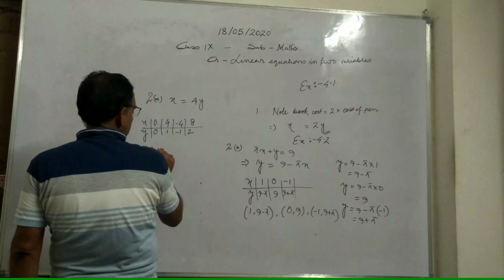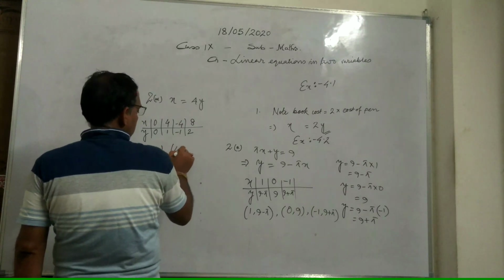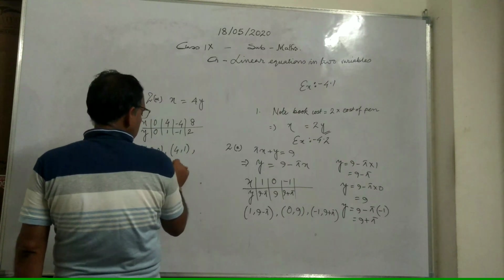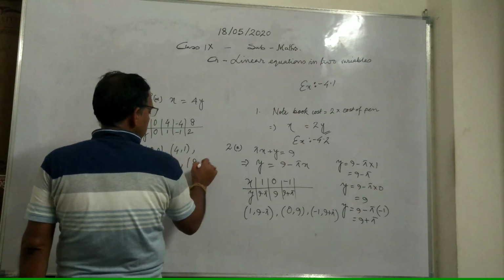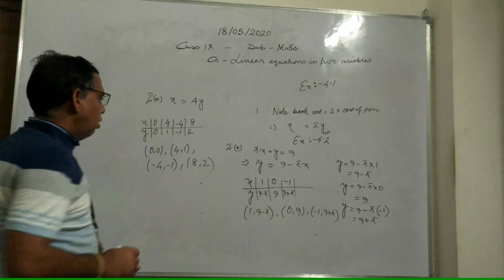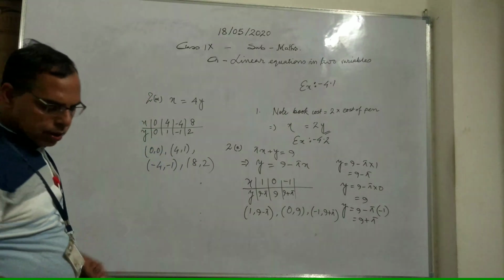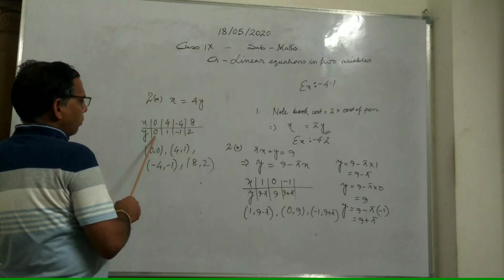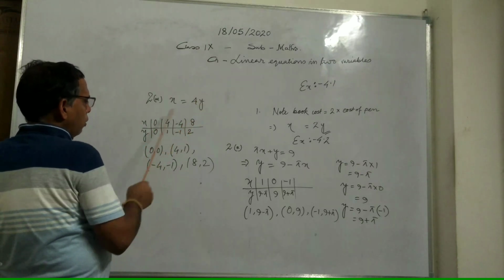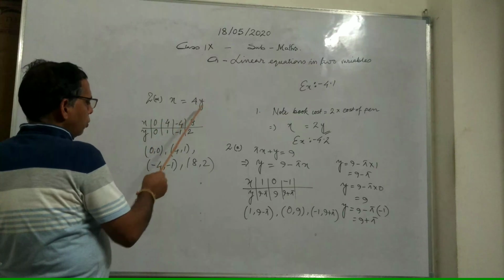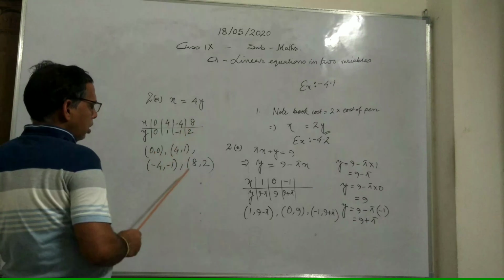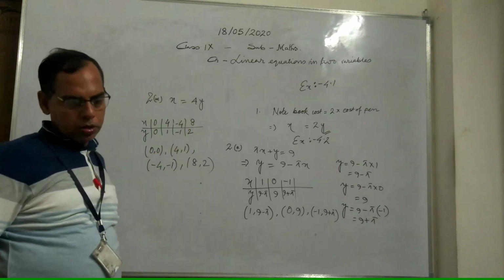So the coordinates are 0, 0; 4, 1; minus 4, minus 1; and 8, 2. Four into 0 is 0, four into 1 is 4, four into minus 1 is minus 4, four into 2 is 8. This is the coordinate you got.